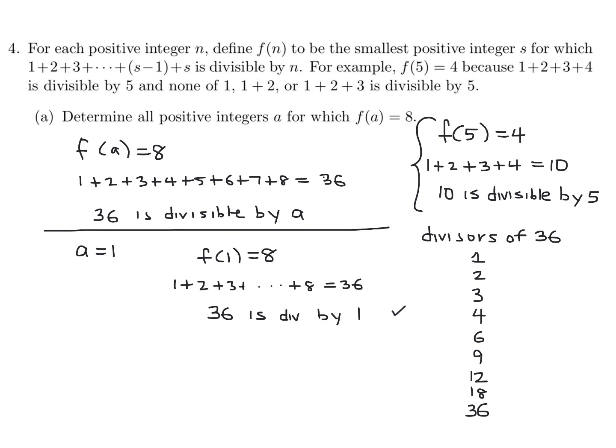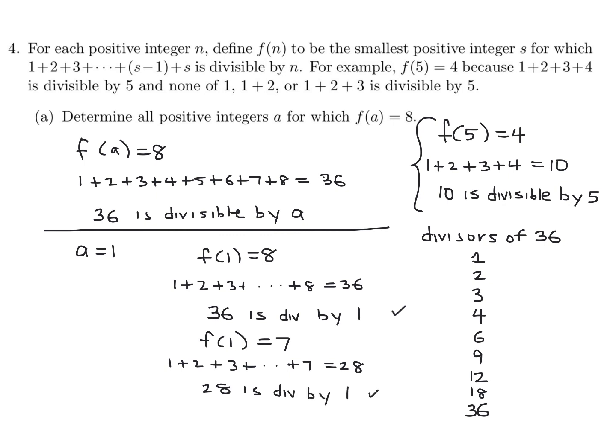So let's see. My assumption is that it's not going to work because f at 1 is probably going to be equal to 7 also. If that's the case, that means that 1 plus 2 plus 3 until 7 is equal to 28, and 28 is divisible by 1. That's true.